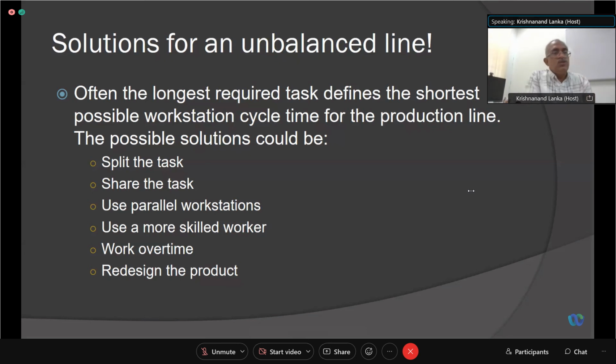So these are the solutions for assembly line balancing: either you split the task, share the task, use parallel workstations, or use a more skilled worker. Actually, all these are to solve the particular bottleneck workstation.